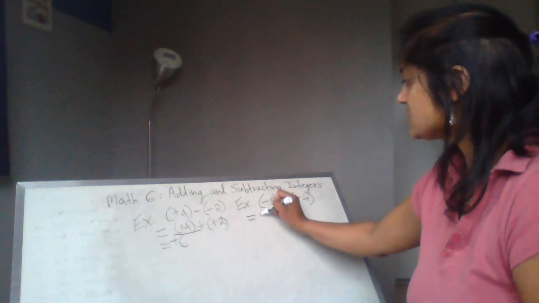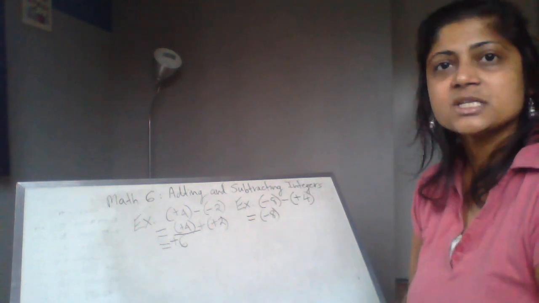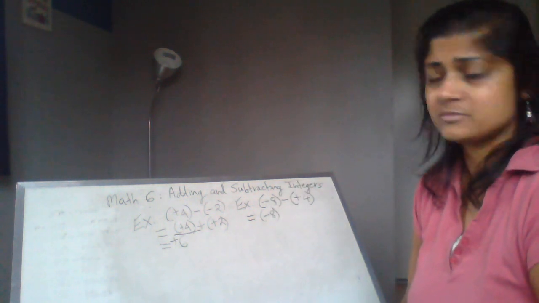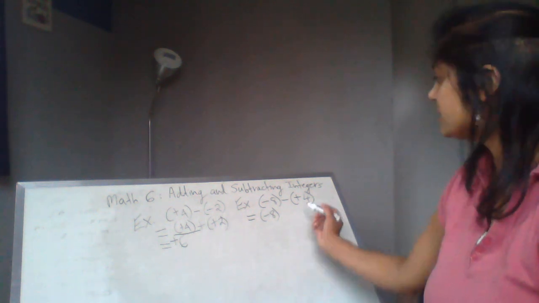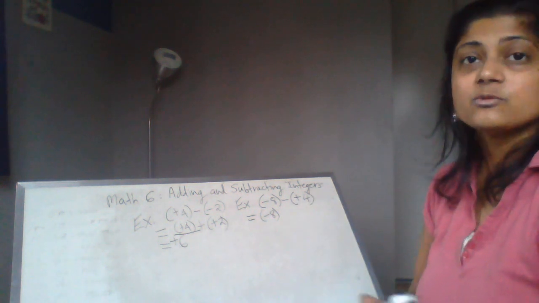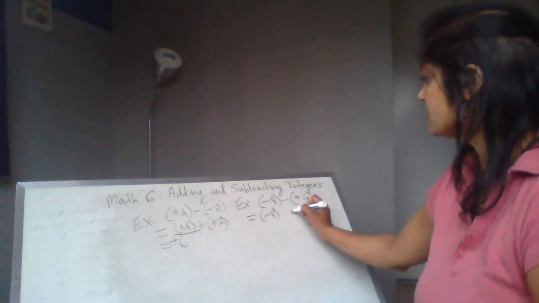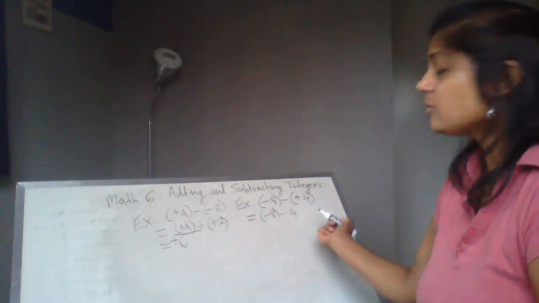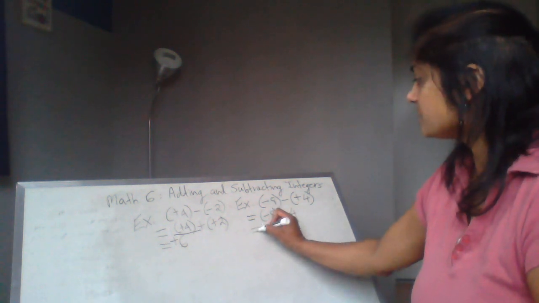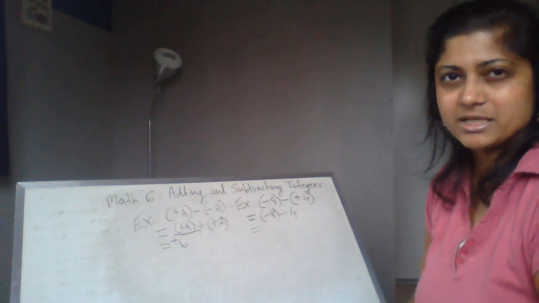Again, I'm going to keep whatever is in the first bracket the same. This time you notice that the signs are different. I have a negative and a positive, which is going to make a negative, so it's going to be minus 4. Let's rewrite it one more time in the next step so nobody gets confused.